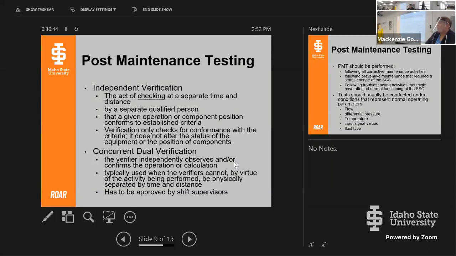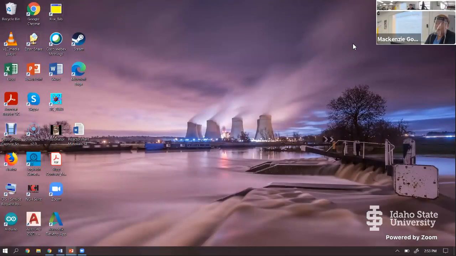You didn't actually check and prove that that calculation had been done correctly. You just signed your name because you were there. So, does that make sense? How those are different and why it's important that you understand what you're being asked to do as a verifier with those different types of verification? Exactly. Signing your name to something as an operator means that you're taking responsibility. So don't do that lightly.